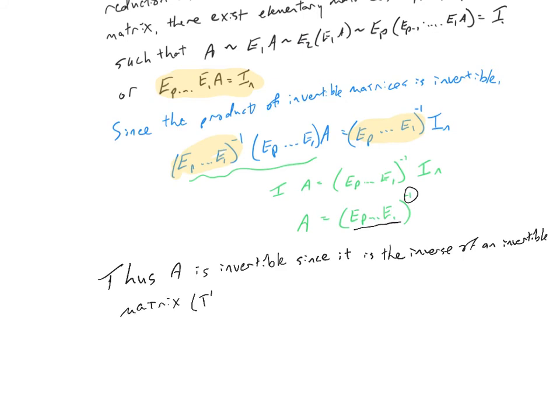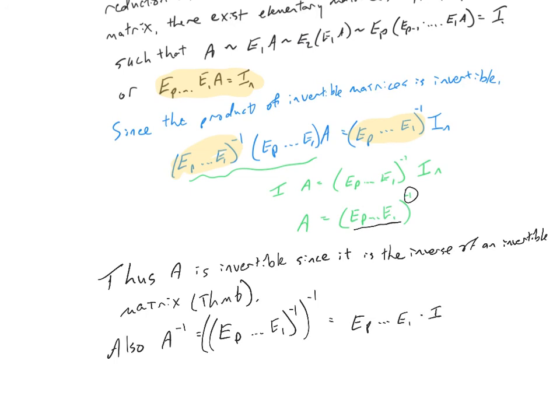And that is theorem 6. And also, here's the important part, also, A inverse is equal to Ep through E1, that set of matrices inverted. Ep through E1 inverse would give me the A inverse. Okay, so that is just Ep through E1 times the identity.